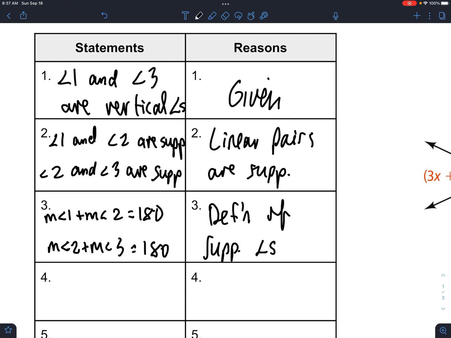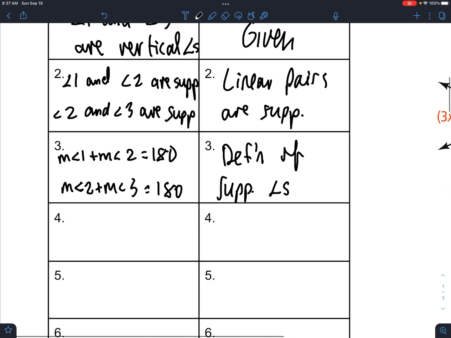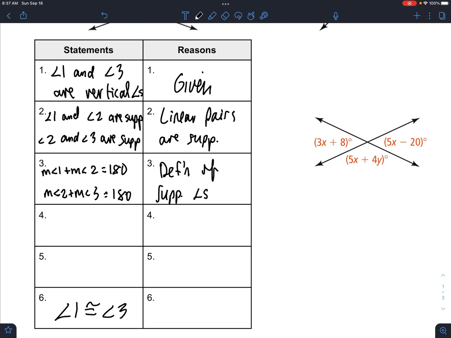Now, this is getting me closer because at least I have an equation, and then the prove is that I want to get this. So I'm trying to get there.